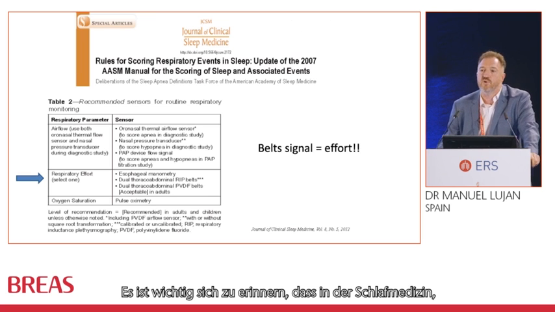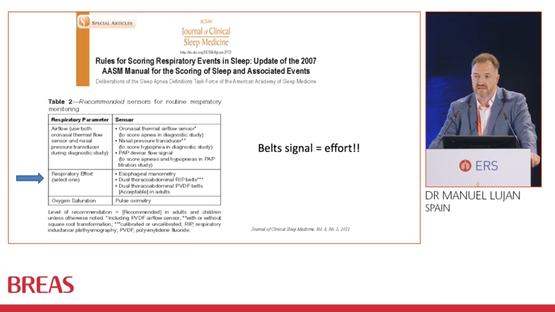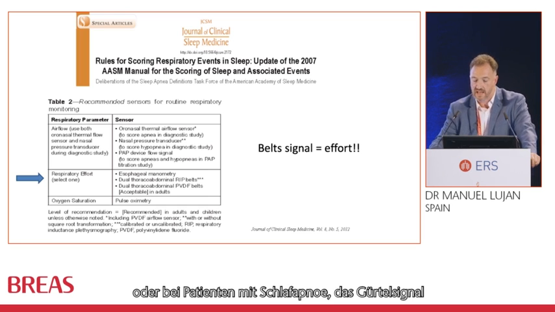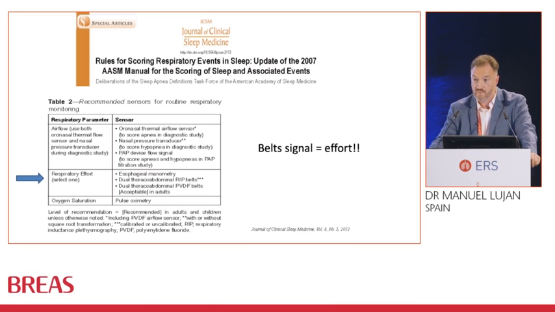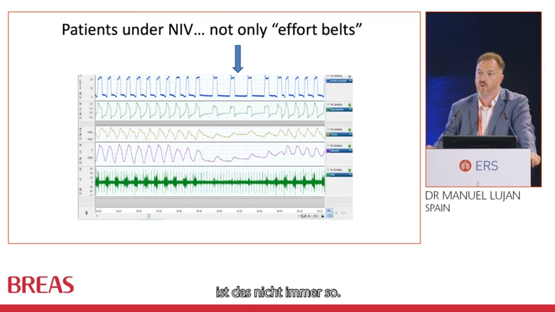But it's important to remember that in sleep medicine, in the spontaneously breathing patient or the patient under CPAP, the belt signal is considered a surrogate of the effort. But in ventilated patients, it's not always like that.